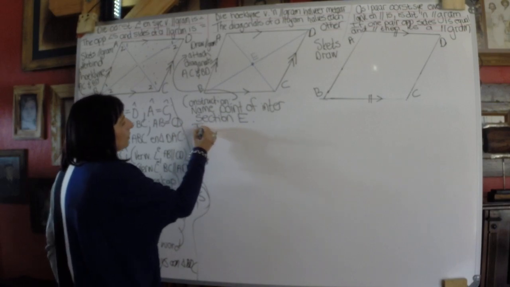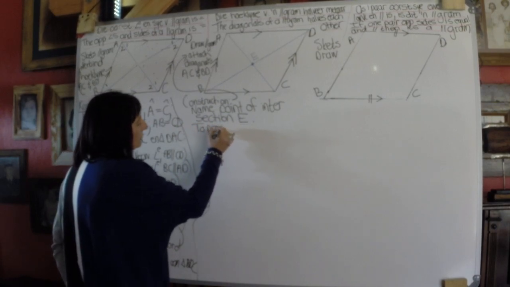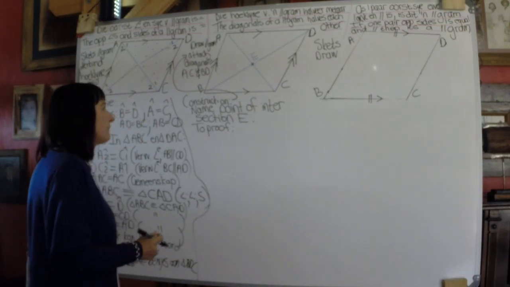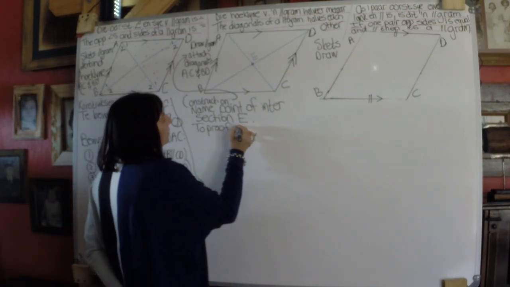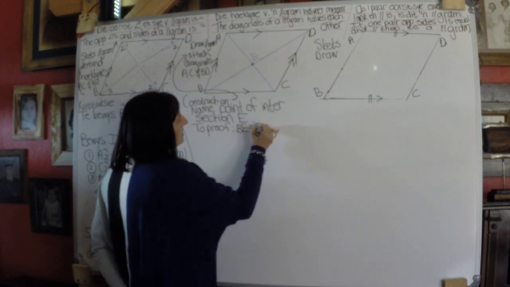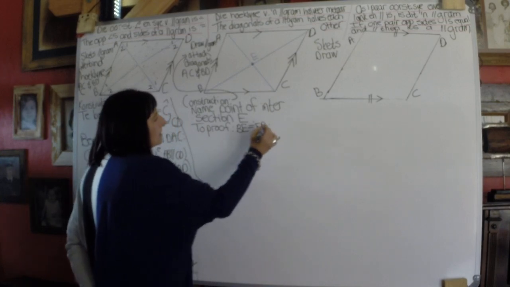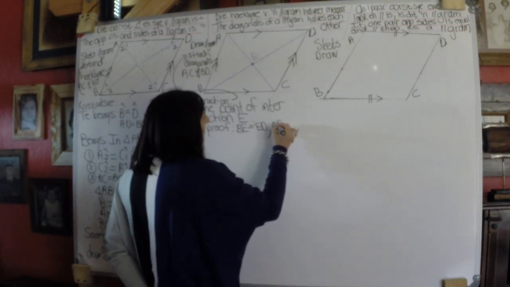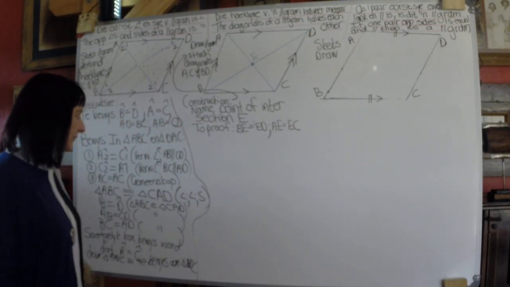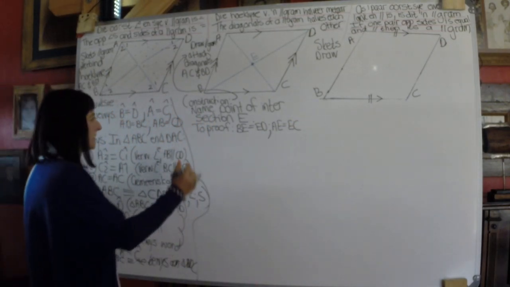Goed, nou weer eens. To prove. What must we prove? We want to prove that the diagonals half each other. So we've got to prove that BE equals ED, AE equals EC. That's what we've got to prove. Now we're going to prove it.